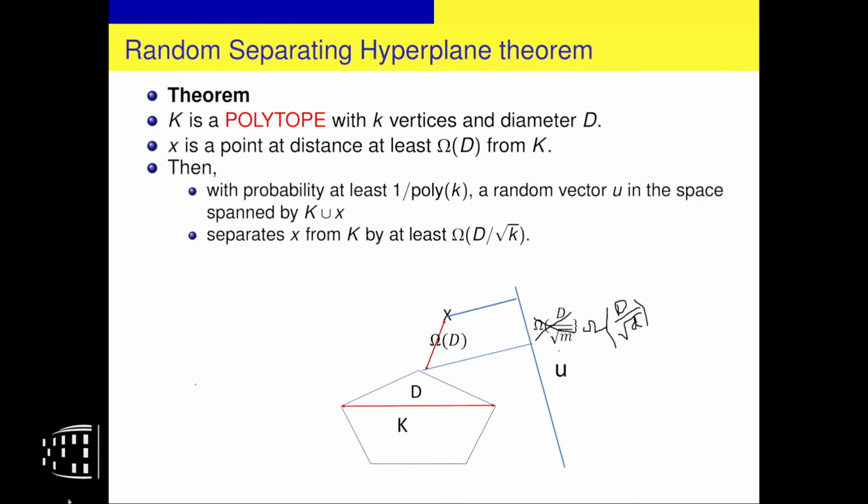Sorry, it should be root d. And that root d is reminiscent of Johnson-Lindenstrauss. It cannot be improved, just because Johnson-Lindenstrauss is tight.